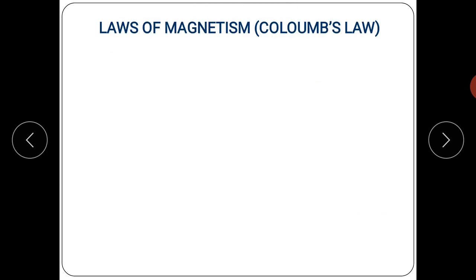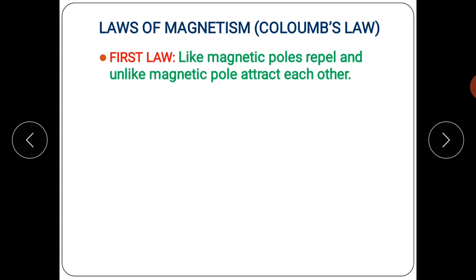So basically, what is Coulomb's law or the law of magnetism? You have already learned it in the 12th standard or engineering first year, Coulomb's first law and Coulomb's second law. What is Coulomb's first law? Like magnetic poles repel and unlike poles attract each other, is called the law of magnetism or Coulomb's law.